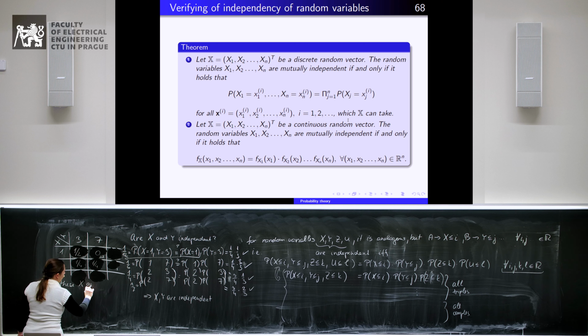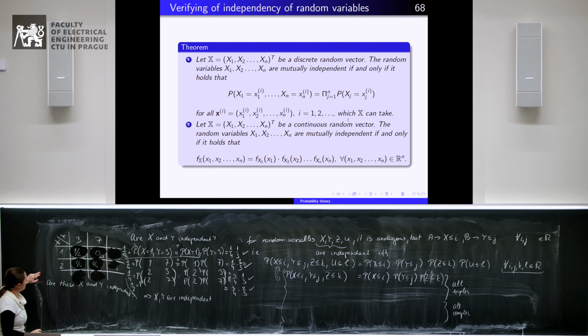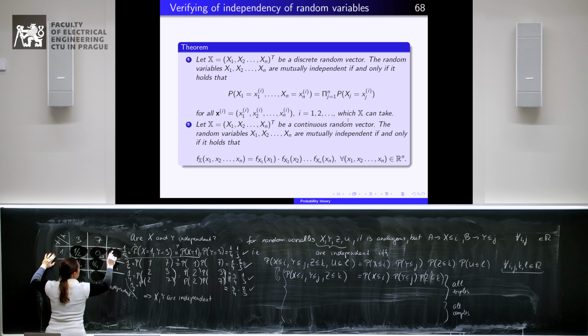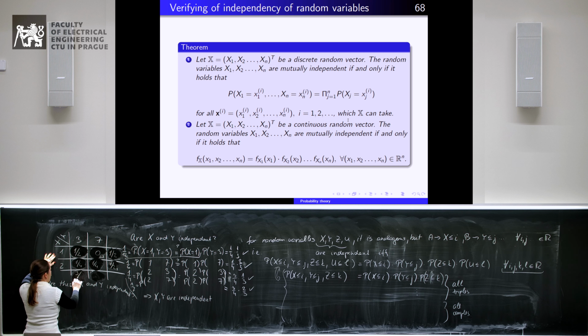Are x and y independent? So again, we need the marginal distributions. 1/2, 1/2, 3 over 4, 1 over 4, and we start to verify.